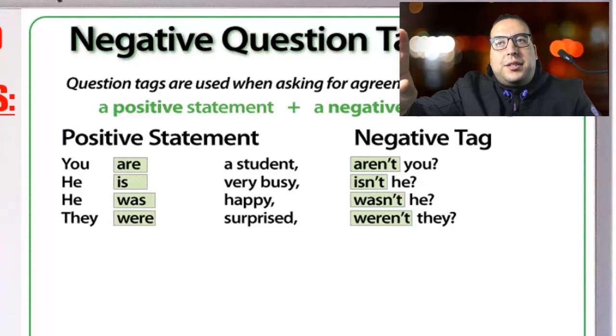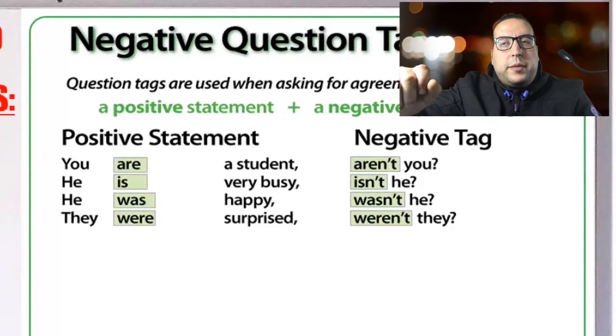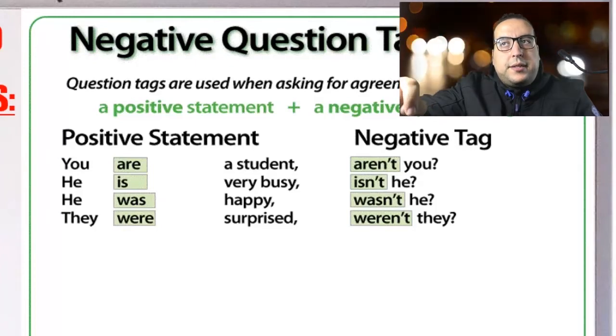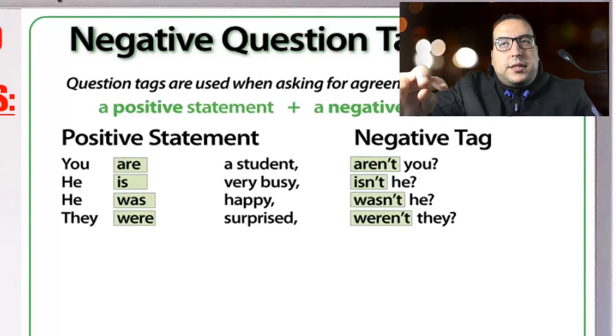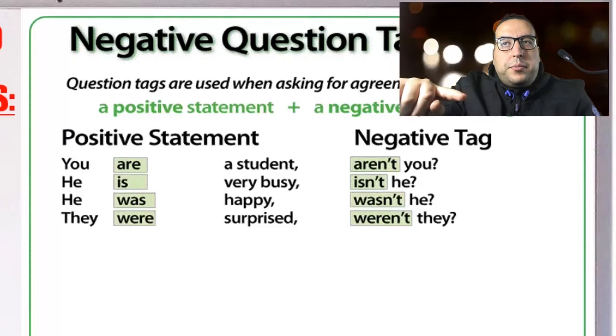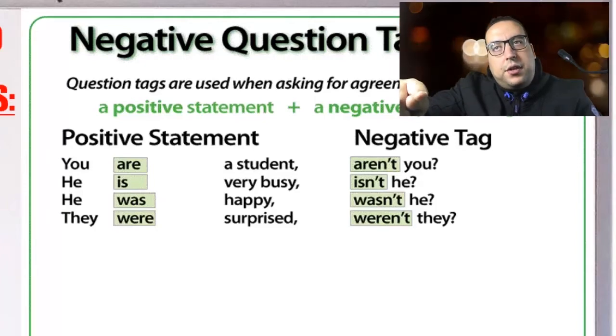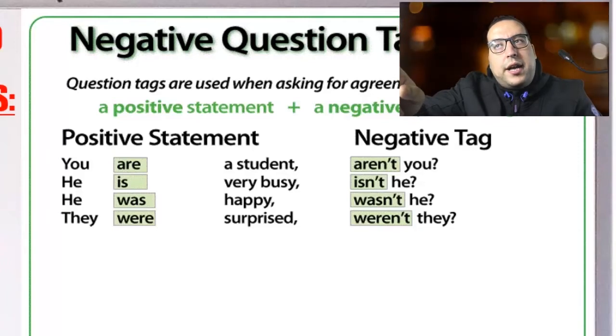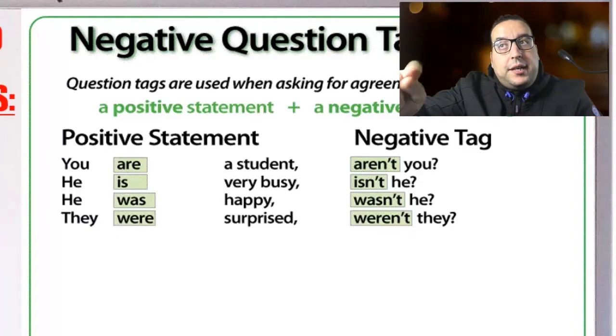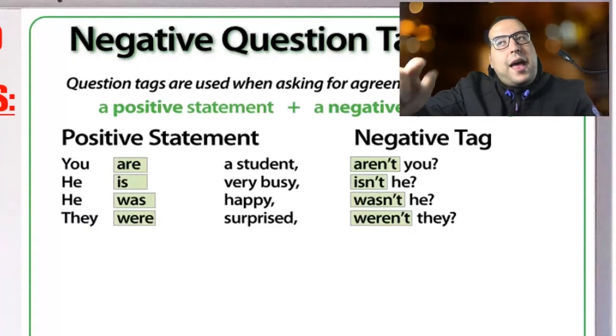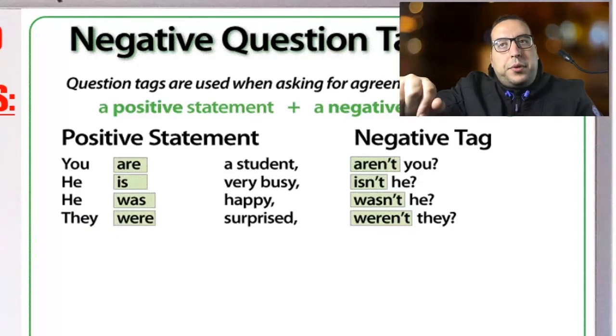So this first type of examples is about the verb to be in the present and in the past. And we see that in the first positive statement, we start with the subject and then the verb, while in the negative tag, we start with the verb to be in the negative, and then the person we're asking the question about.